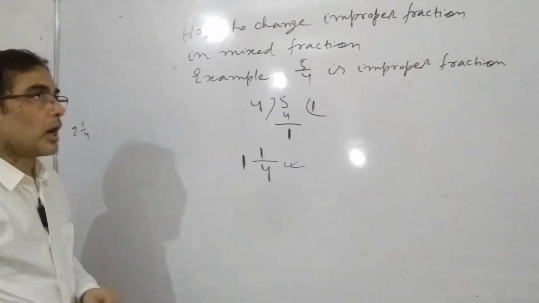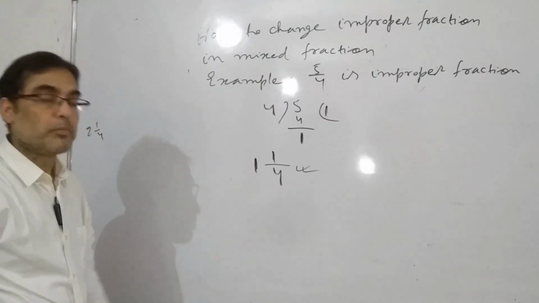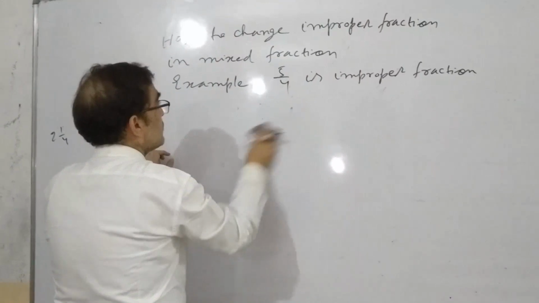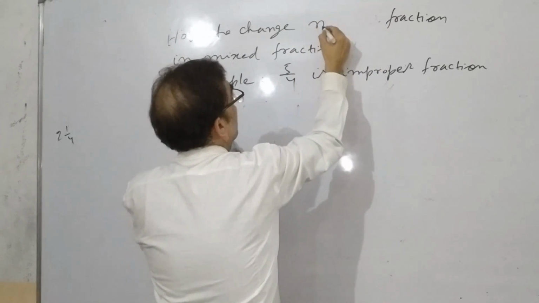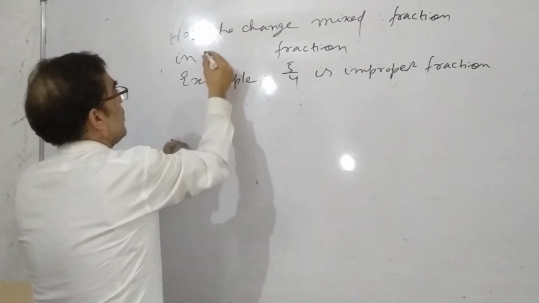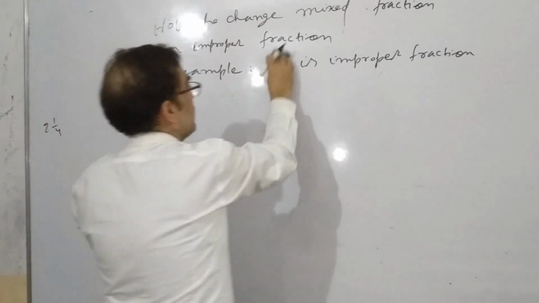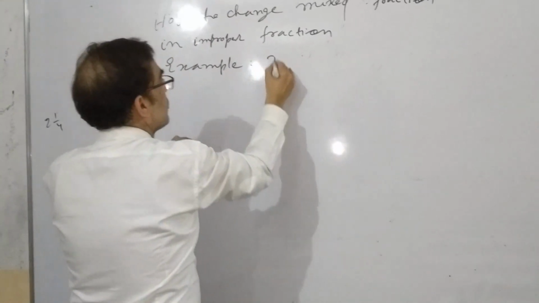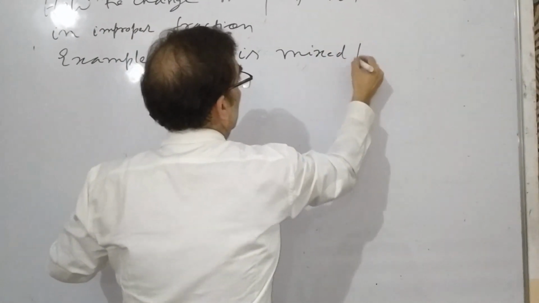And now I make you understand how we change a mixed fraction into an improper fraction. Mixed here and improper here. Example: 2 and 1 by 2 is a mixed fraction.